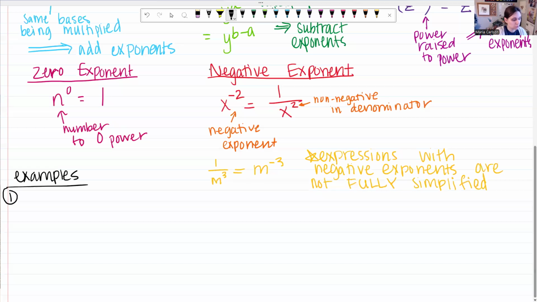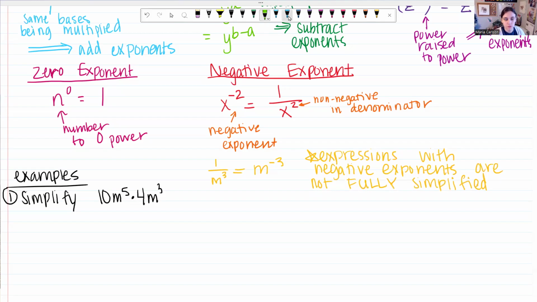So example number 1, we are going to simplify 10m to the 5th times 4m cubed. And what I want you to notice is that I have the same base of m.